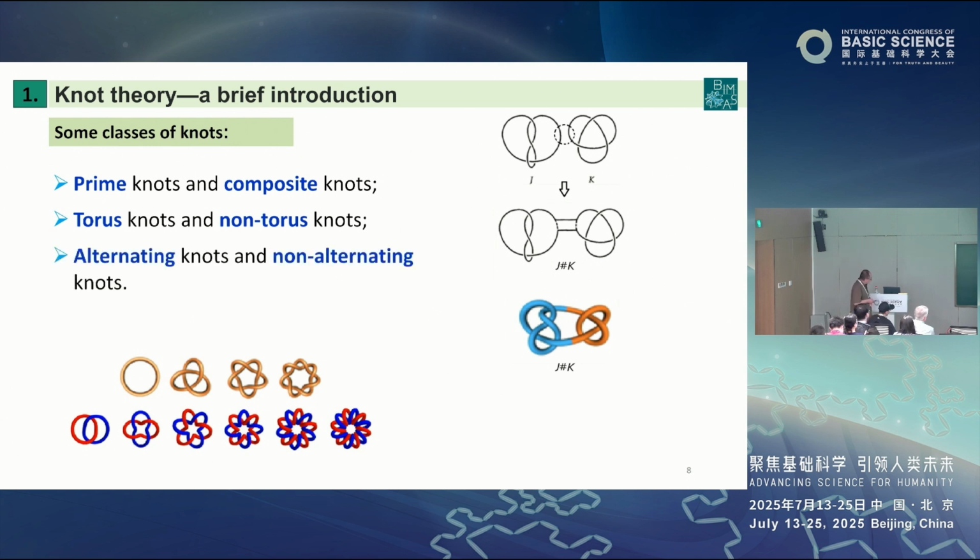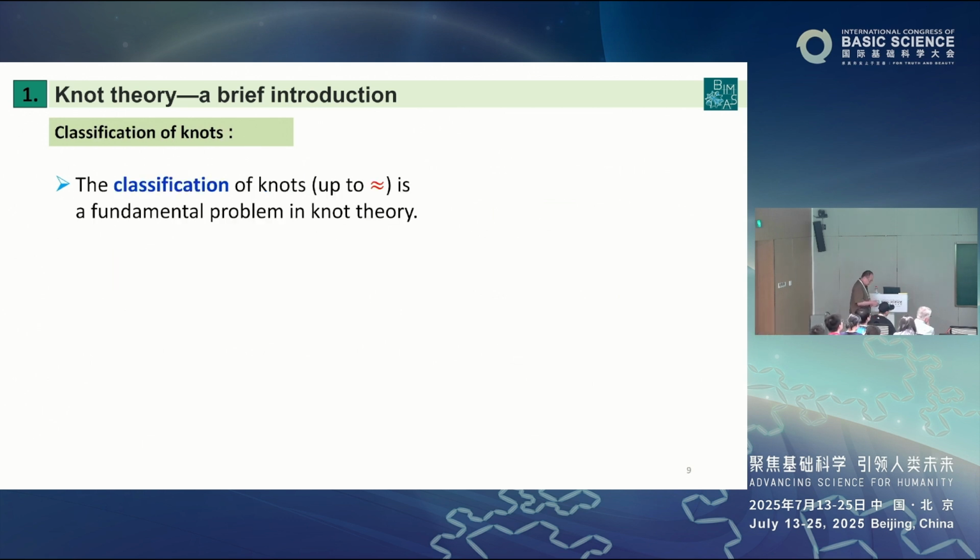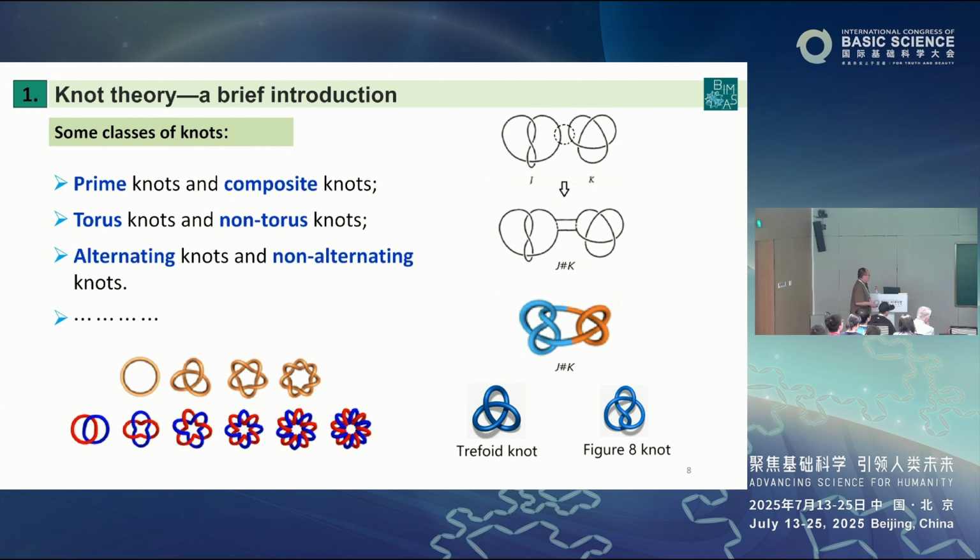And the third one is alternating knots, like this one. Going along the direction on the knot component, you go over and under alternately, in this way. This is called an alternating knot.